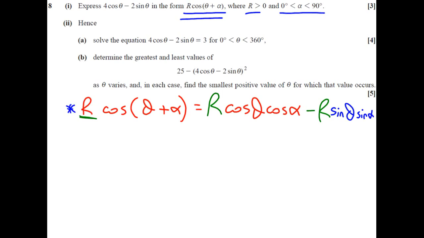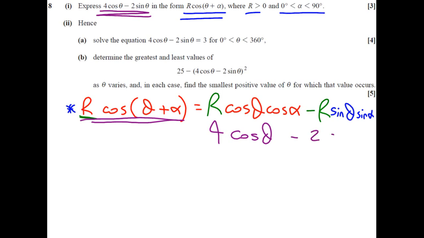Now this is where we're going to play spot the difference. We want to write this in that form. What we've actually started with is 4 cos theta minus 2 sine theta. What I mean by spot the difference is you're trying to force this to be like that. Now you already know that this side can be written like that.